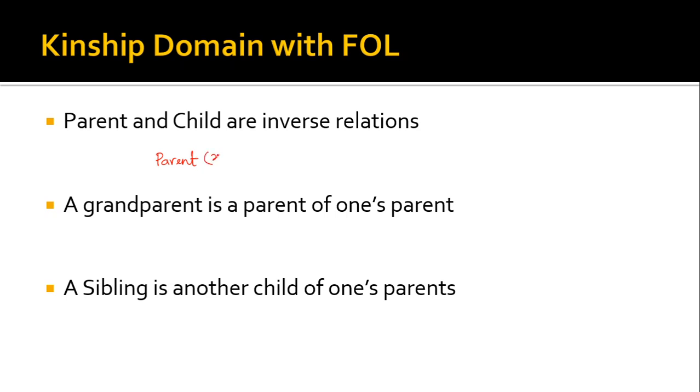X is a parent of Y, which means Y is a child of X, and the other way is also true. If Y is a child of X, then X is a parent of Y, and this should hold true for all X, Y, right?